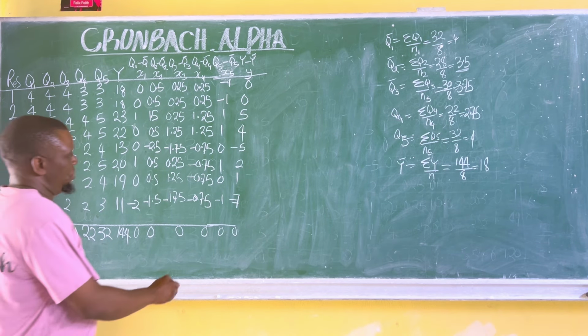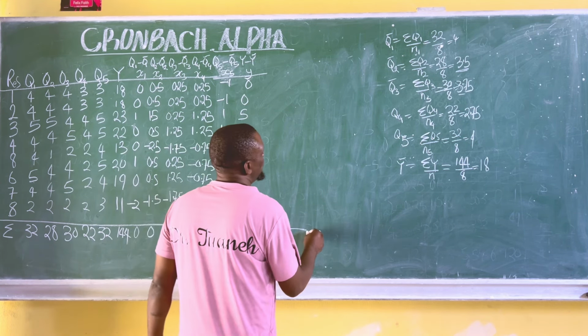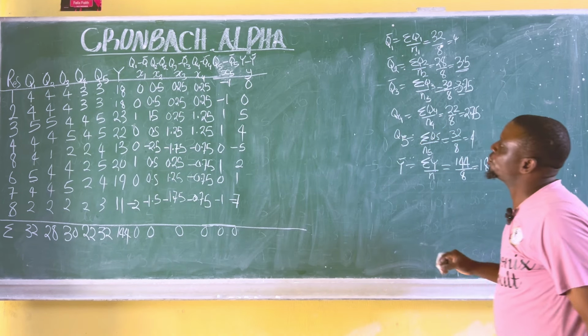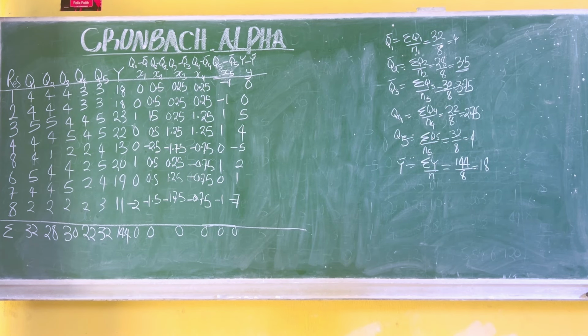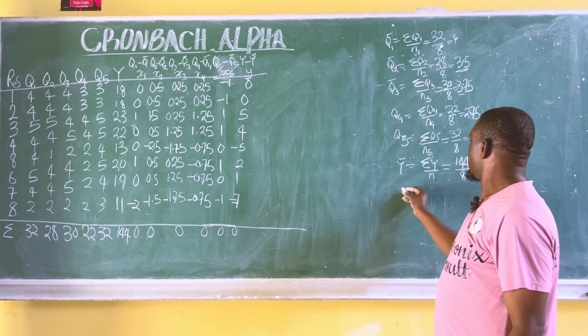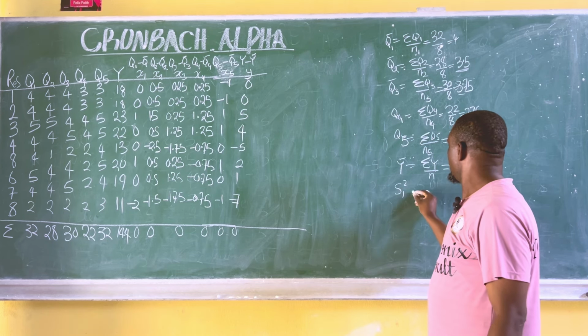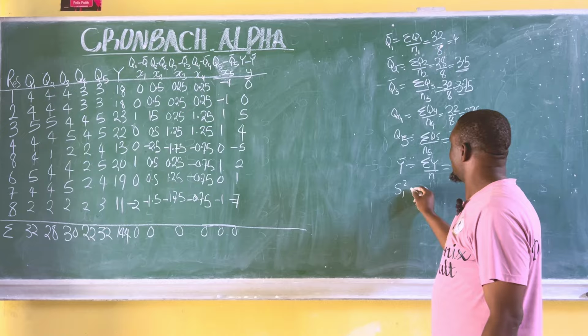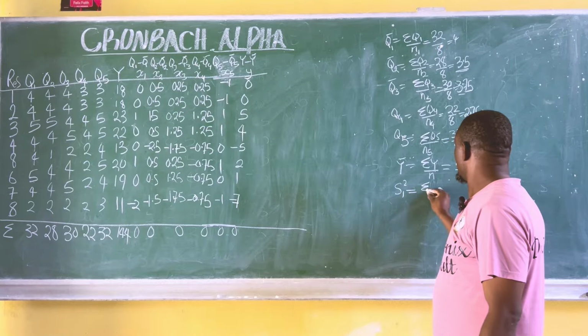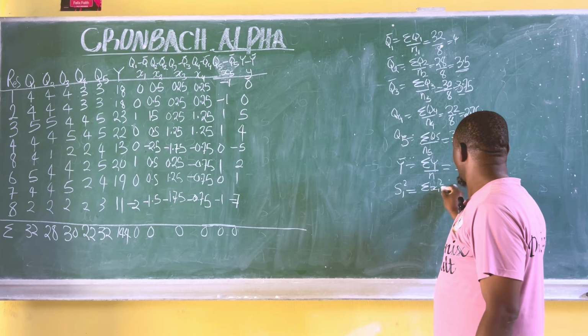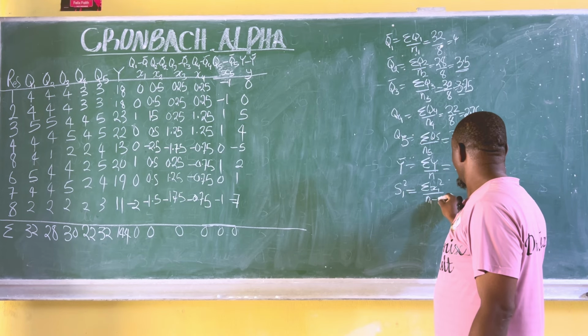Okay, now having done that, the next will be, because we want to compute the variance, and we know that computing variance will say S1 square is the variance of the first item, and that will be summation of x1 square all over n1 minus 1.